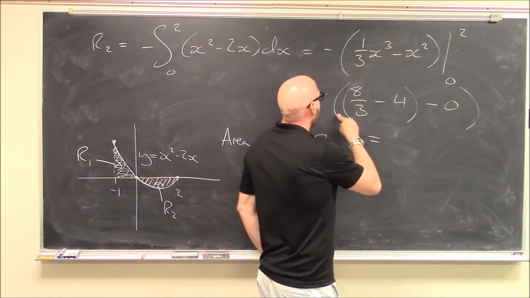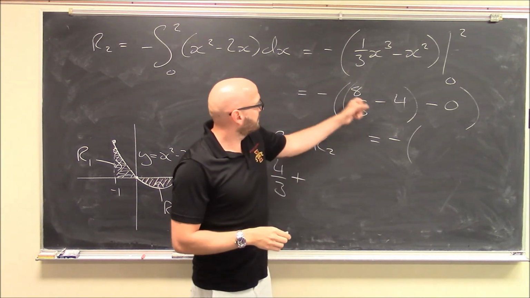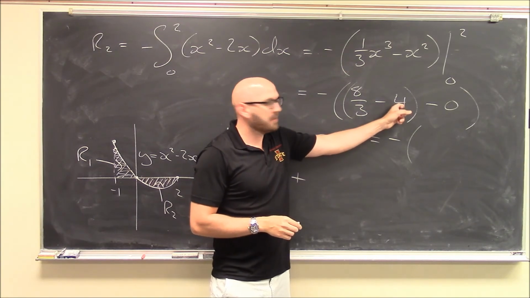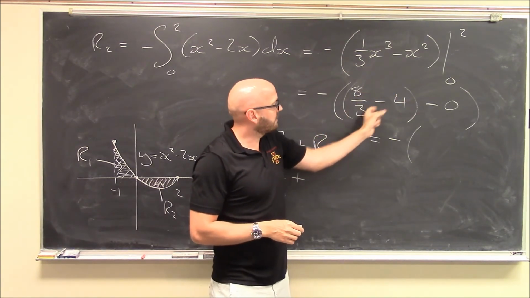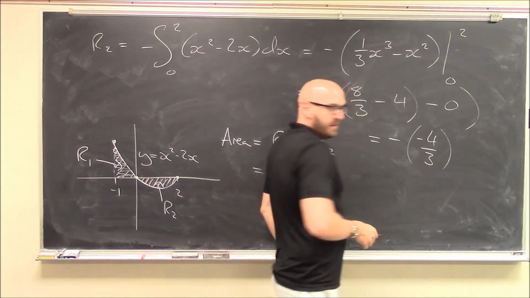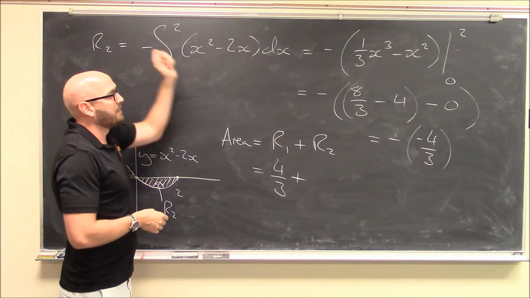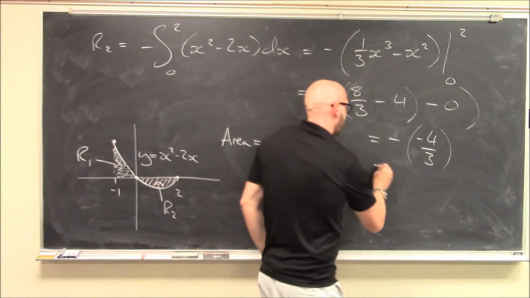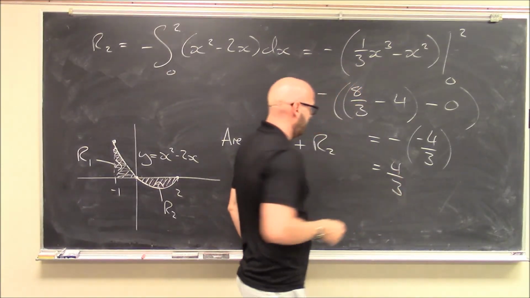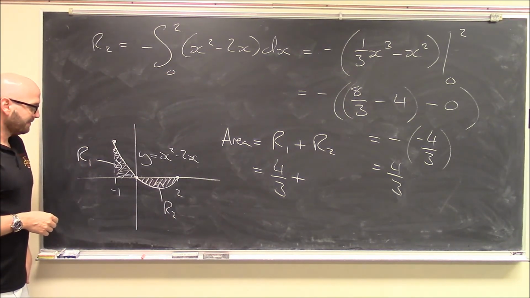But anyway, what do we have? We've got minus 8/3 minus 4. How many thirds is 4? That's 12/3, right? So 8/3 minus 12/3 is minus 4/3. As promised, this integral is going to give us a negative number, but multiplied by minus 1 now makes it positive. That's 4/3. Surprising.